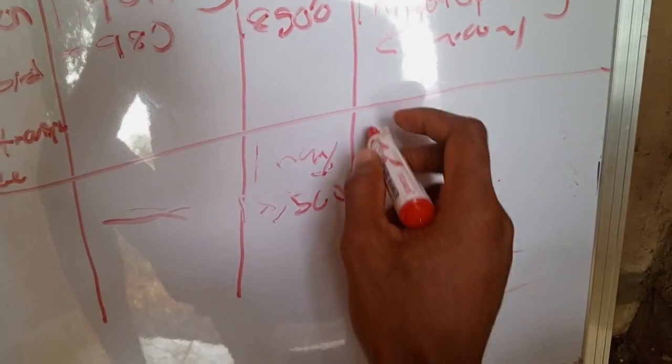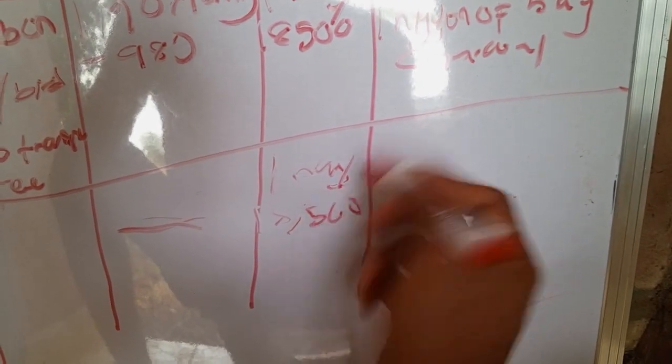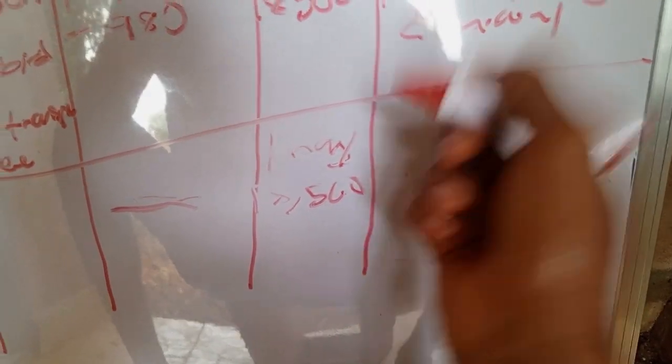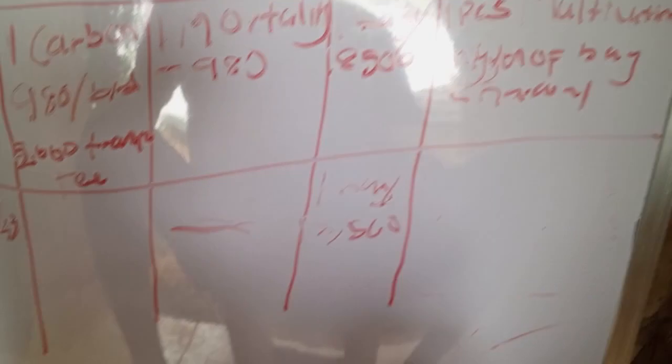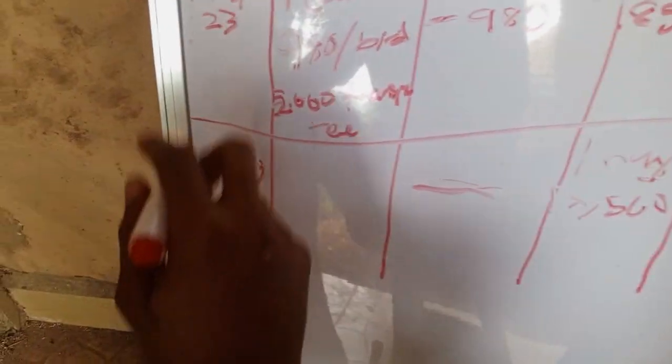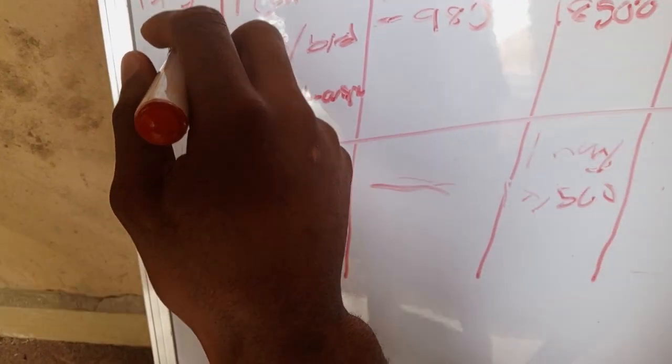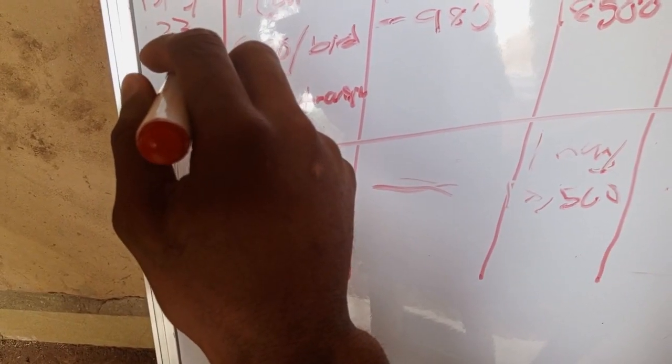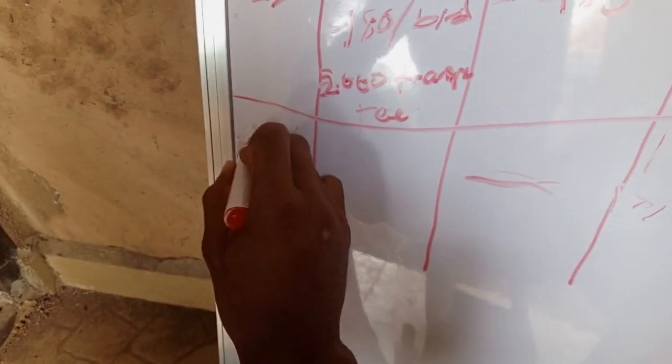Let me think. Okay, we bought vaccine. I'm just guessing, let's say this is 13, this is 16, and this is 20.